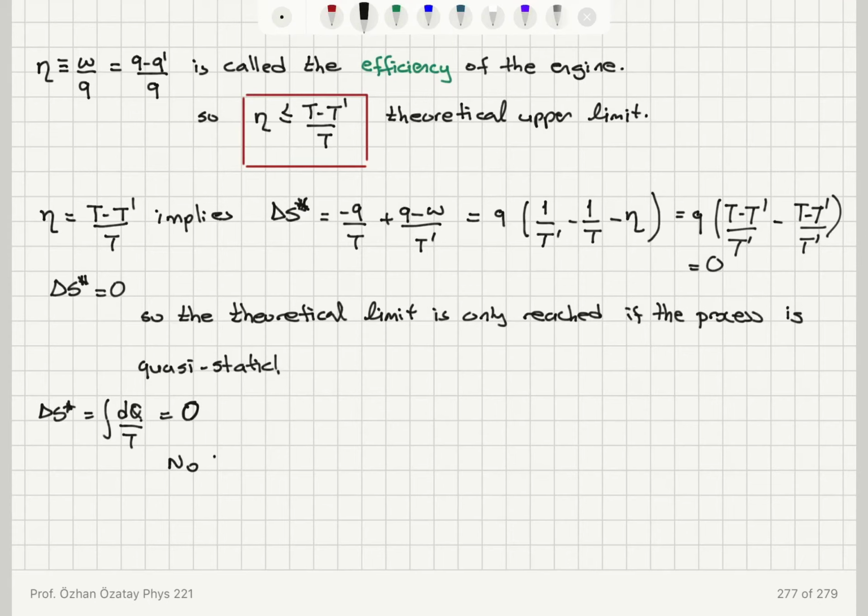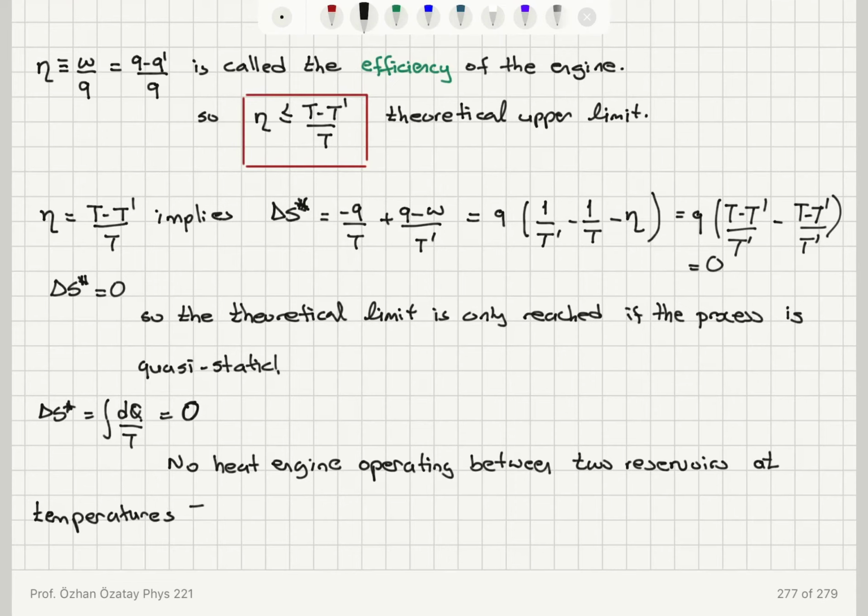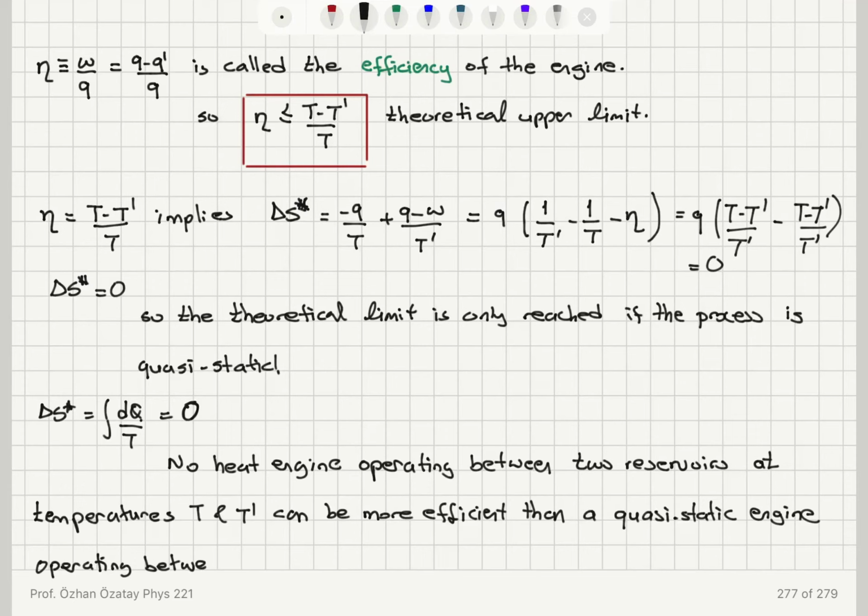So Carnot's theorem states no heat engine operating between two reservoirs at temperatures T and T prime can be more efficient than a quasi-static engine operating between the same set of reservoirs.